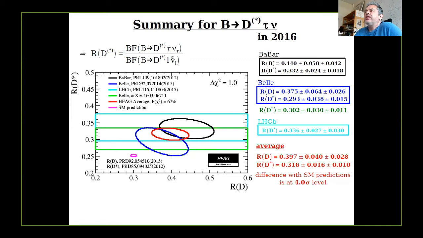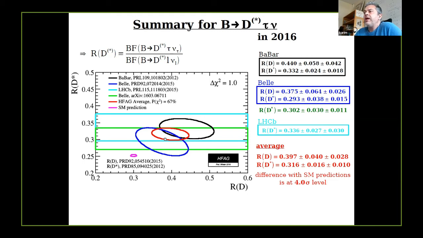And then accounting for this limitation of phase space, you obtain an RD star expected around 0.25 to 0.3. So this is the standard model, and this is a summary of the BaBar observation.